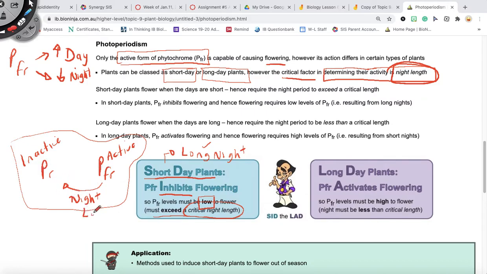This long night is going to allow phytochrome far red to revert to its inactive form. So now, due to this long night, we are going to end up with low levels of PFR, and these short day plants that are inhibited by PFR can now flower.